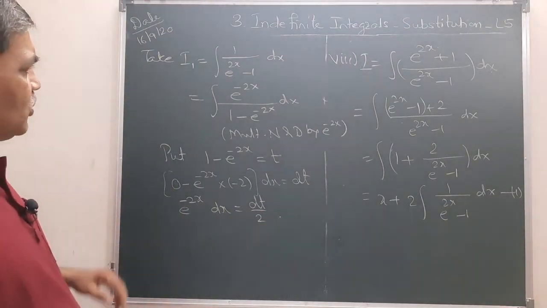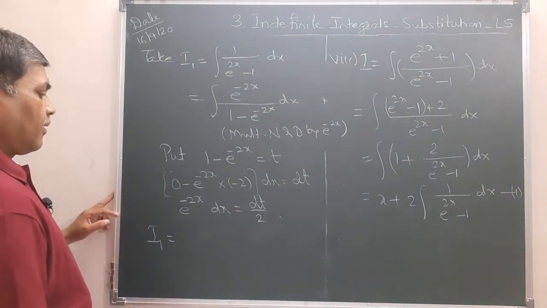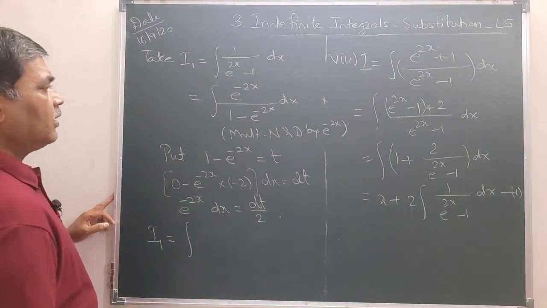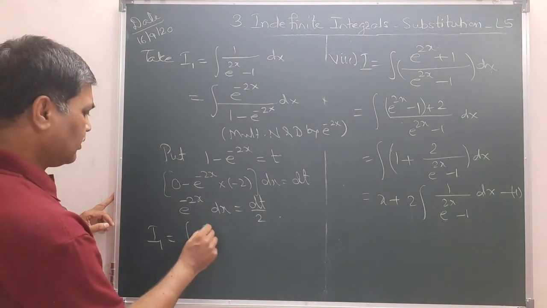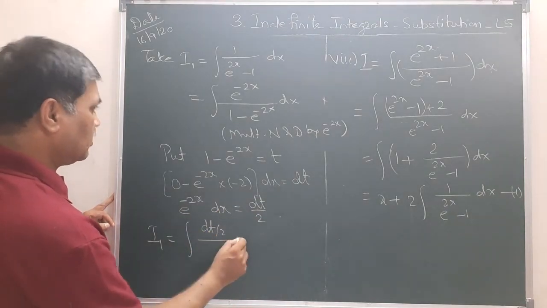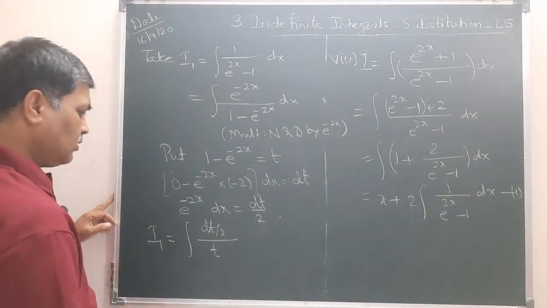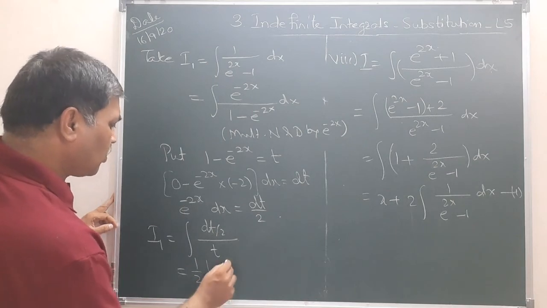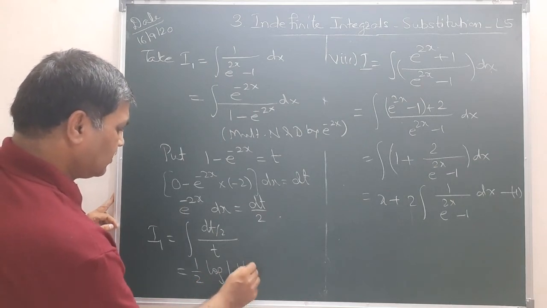So with this substitution, your I1 is equal to this e raised to minus 2x dx is dt by 2, upon 1 minus e raised to minus 2x is t, so which is nothing but half times log of mod of t plus c.